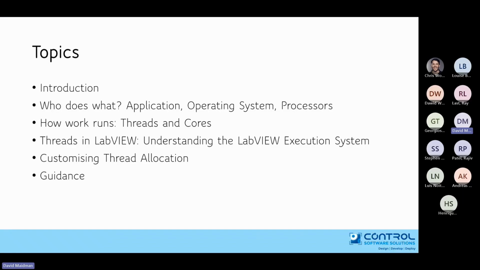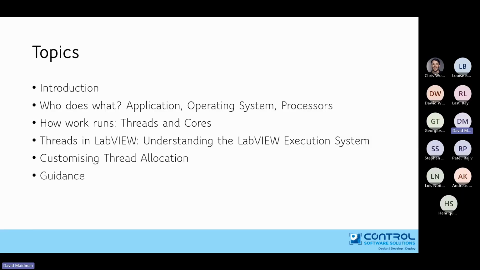So firstly, going to take a look at who does what in the system, so looking at the application, operating system, and then processors. Okay, I'll try to keep terminology common throughout. I'll try not to switch between CPUs and processors and get things muddled up, but no guarantees.